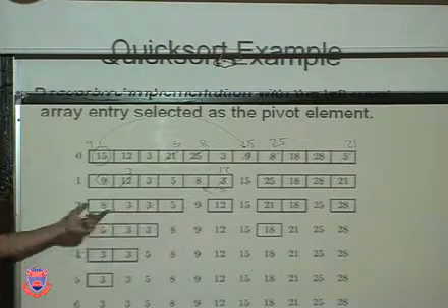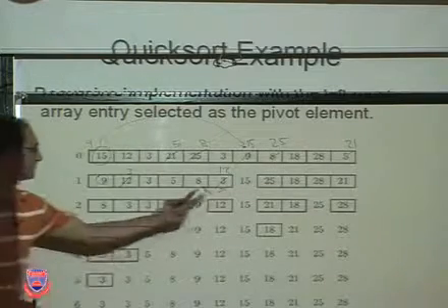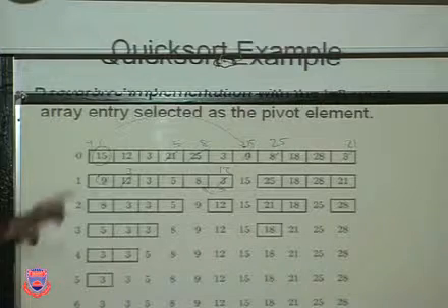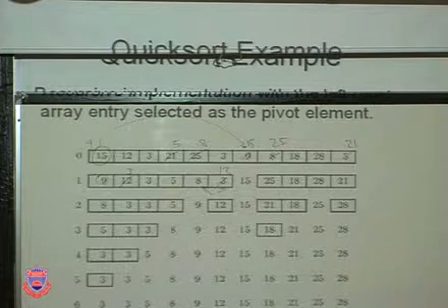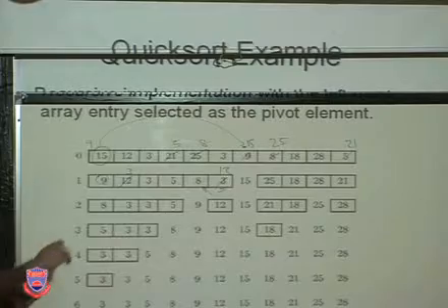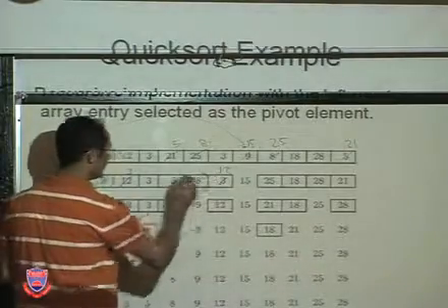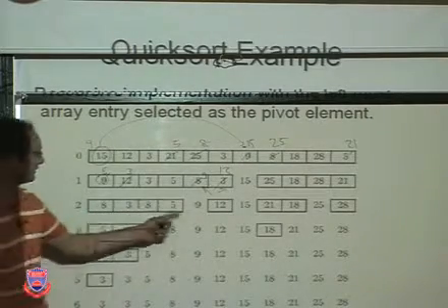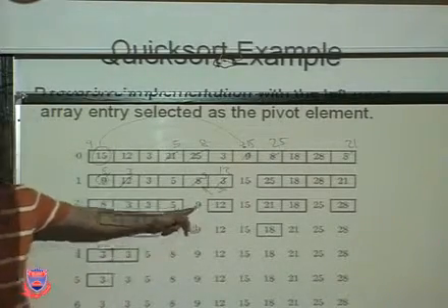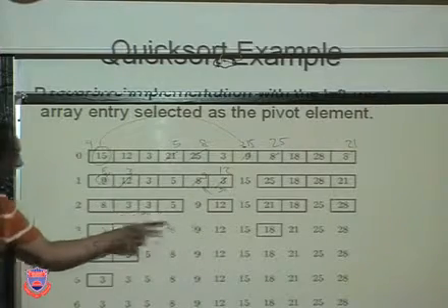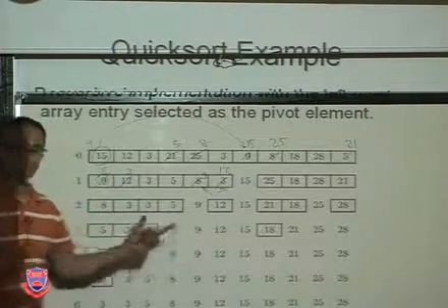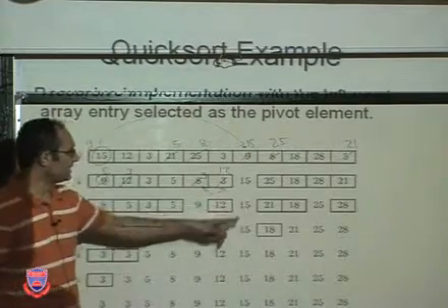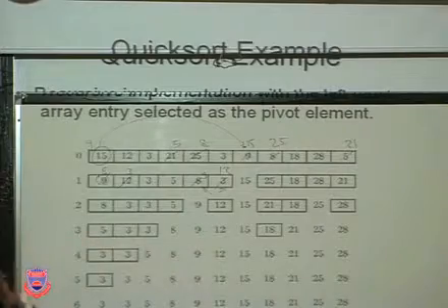That's smaller than 9, and since the pointers have already merged there, I will say that, hey, this is where my pivot is going to go, in which case I will just swap this with 9, and then this will become 8. So that's how you see 8, 3, 3, 5, and then you have 12 here, and then 9 is in its final place. This part is unsorted. This part has not been decided in terms of their final locations. However, 9 and 15 are in their final positions.